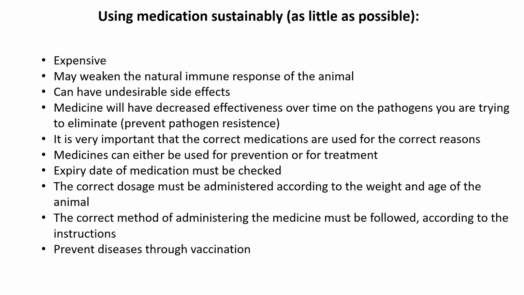And the way to prevent pathogen resistance is by medicating as little as possible, but when we do medicate the animal, same thing for humans, we have to finish the course of medication. So if the vet prescribes some kind of medication, the farmer has to give it for 4 months. He has to give it for 4 months until the medication is done with. Otherwise, this microorganism will become resistant to the disease.